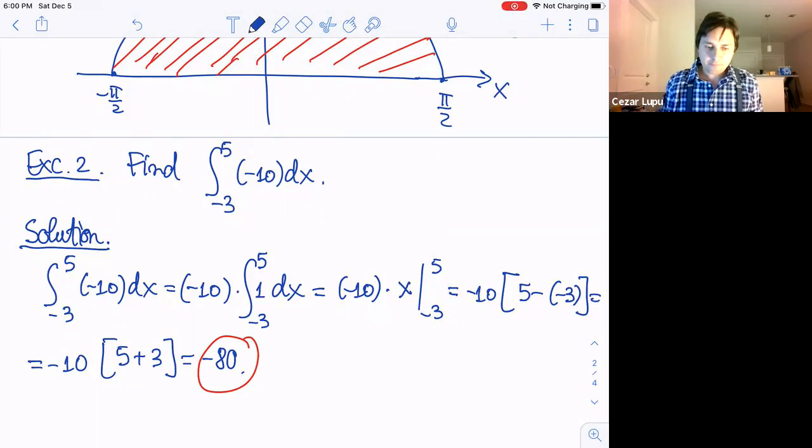Anyway, now let's see another example. Now let's evaluate a little bit more of a complicated function.